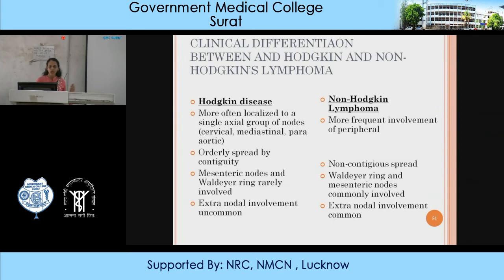Hodgkin's has a very ordered spread from the cervical nodes, above the mediastinum or below the mediastinum, orderly spread by contiguity, while NHL has haphazard spread. Mesenteric nodes and Waldeyer ring are generally spared, while in NHL they are involved. Extranodal disease is extremely uncommon in HL, while it is seen in NHL.